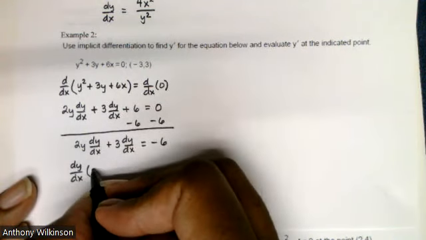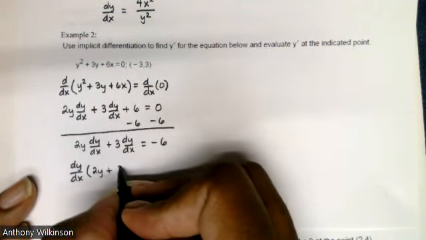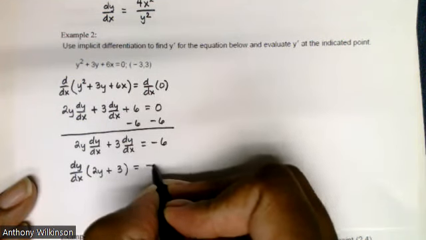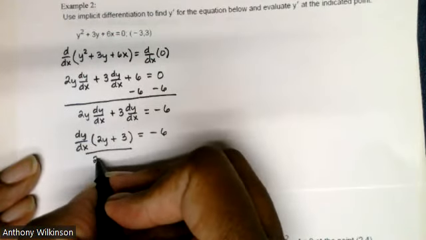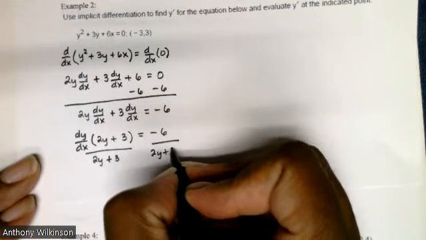Now I'll be left with just 2y plus 3, and that's equal to negative 6. And now I can get dy dx by dividing both sides of this equation by 2y plus 3. So dy dx then would be equal to negative 6 over 2y plus 3.